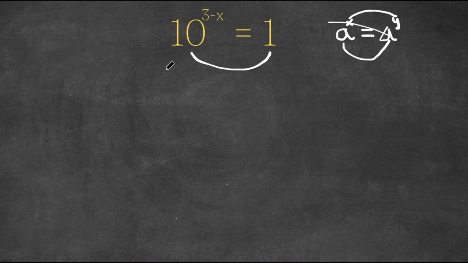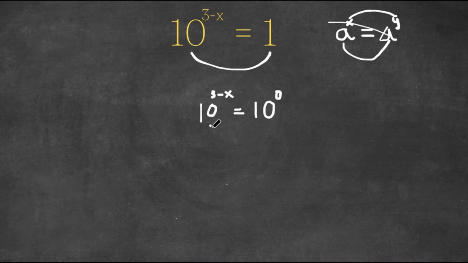Because anything to the power of 0 equals 1. So we should change 1 to 10 to the power of 0, and this still equals 10 to the power of 3 minus x.